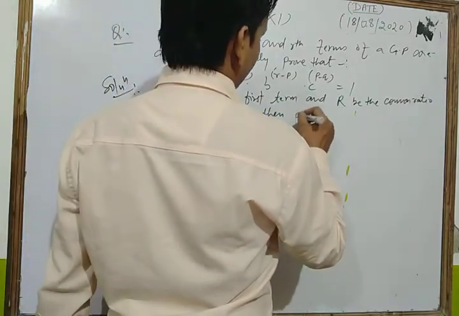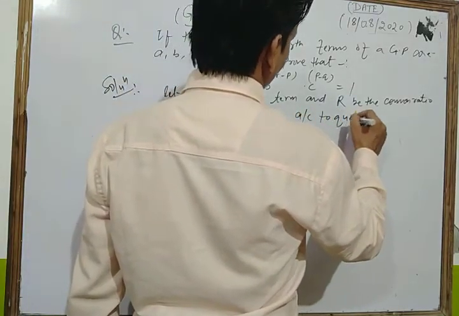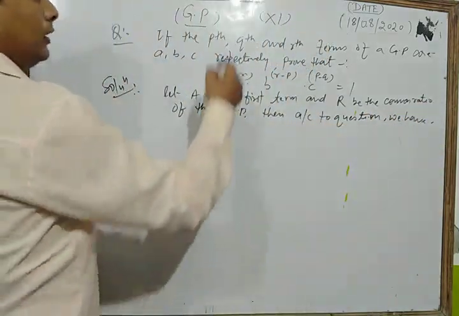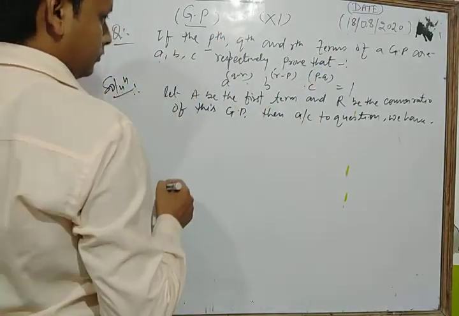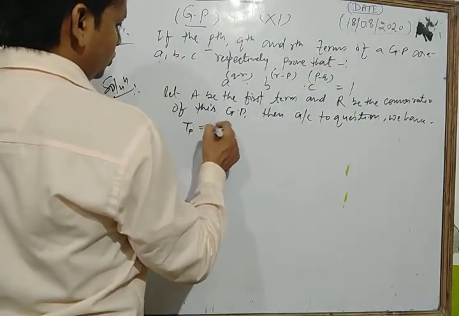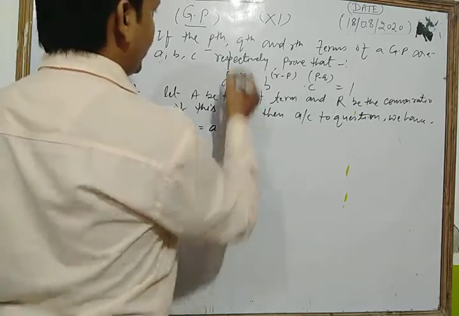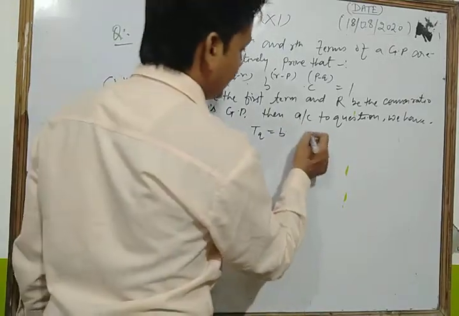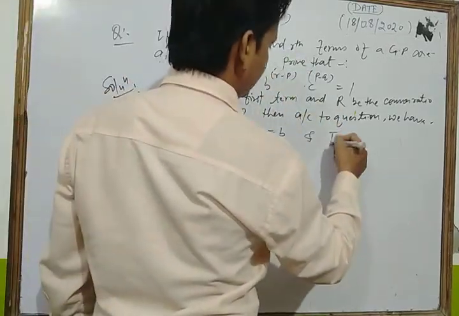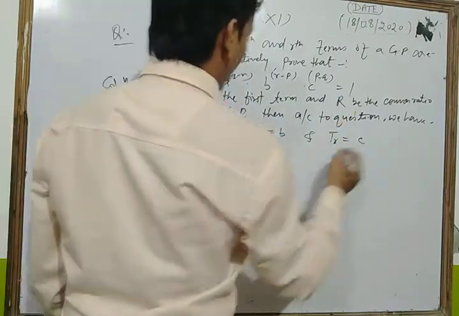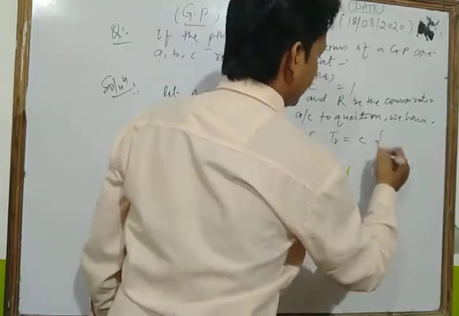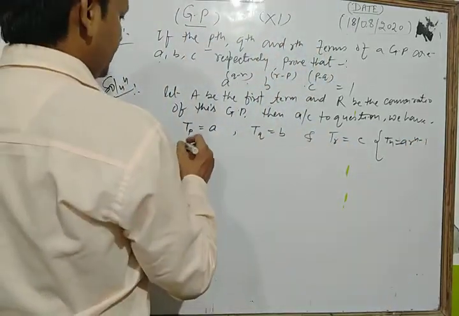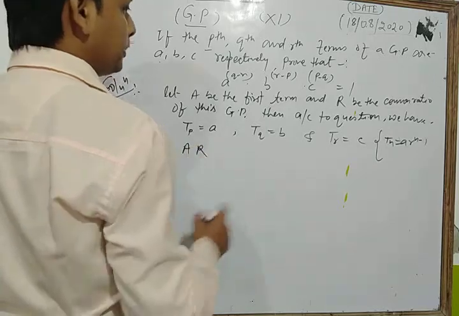According to the question, the pth term, Tp, is equal to a. The qth term, Tq, is equal to b. And the rth term, Tr, is equal to c. Now by the formula, Tn is equal to A r to the power n minus 1.